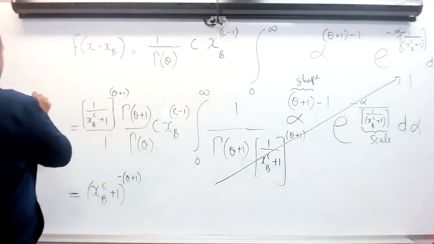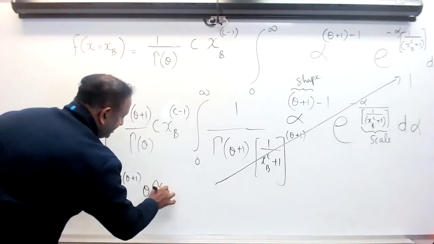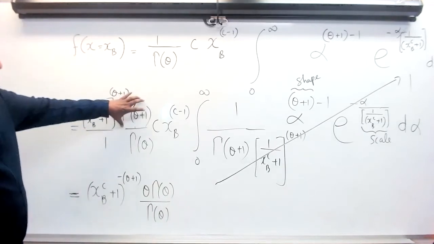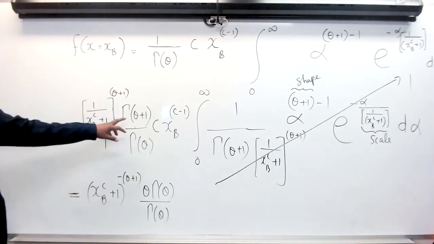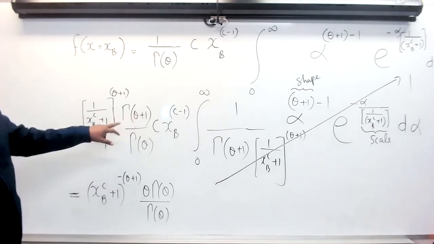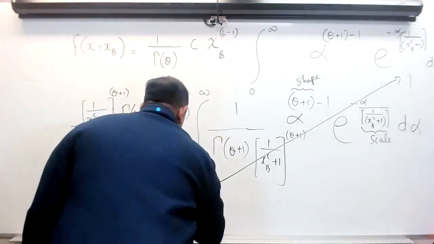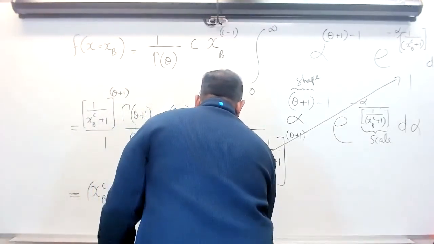Can you remember? The same way I can say gamma theta plus 1 is theta times gamma theta. Those are the properties. This property I utilize. This guy I take out, and gamma theta, c x b to the power of c minus 1.